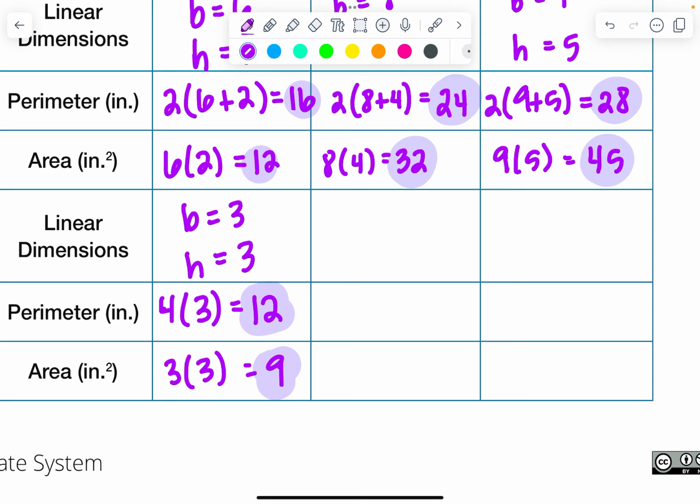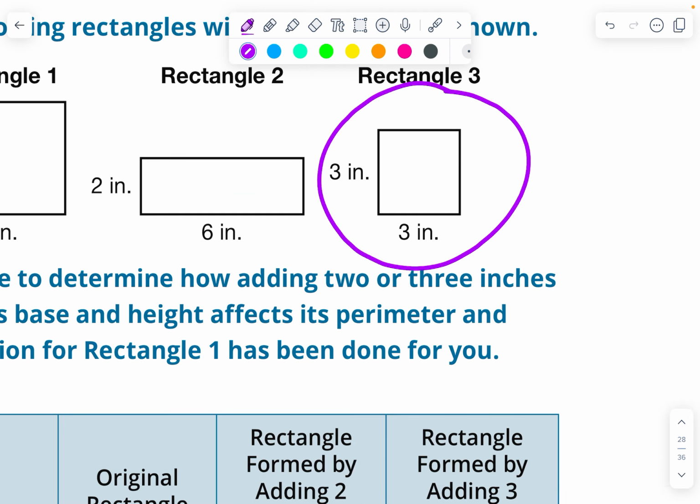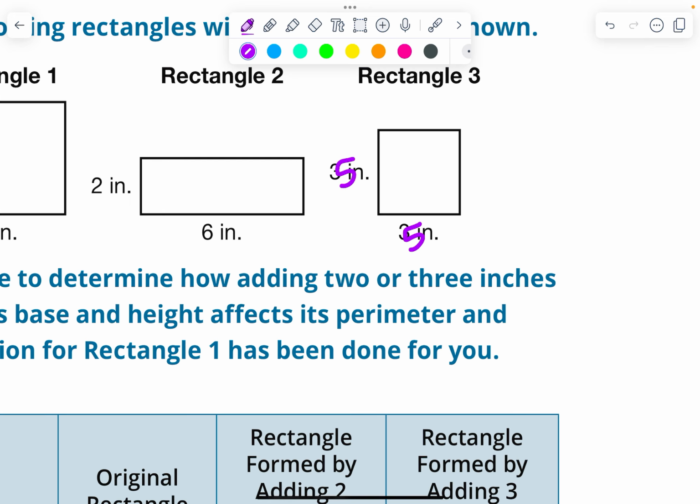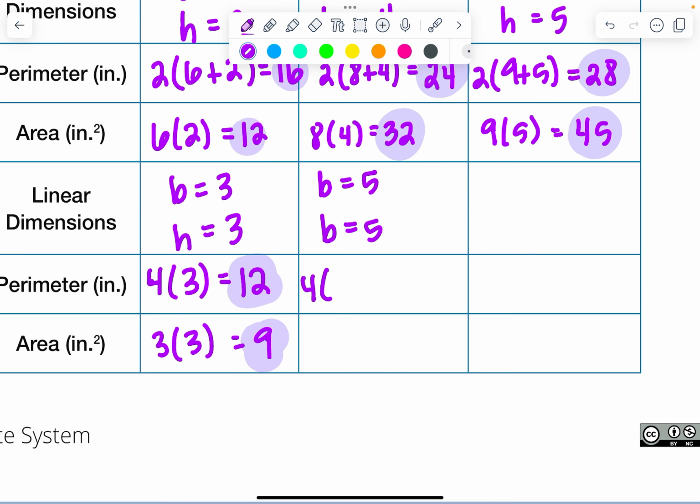So the linear dimensions here, we're adding 2 to the base and the height. So that's going to be 5 and 5 when we add 2. The perimeter, oh, sorry, it's a square. So don't forget, this is a square. So if this was 5 and 5, we would just add 5 4 times. So we can multiply 4 by 5 to get 20.